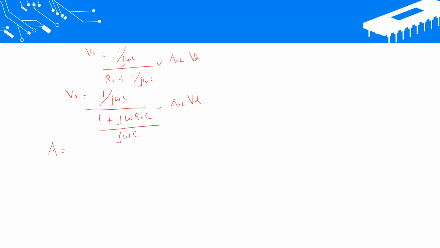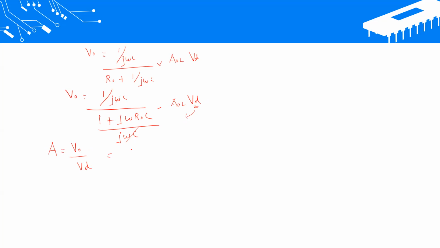A. A means gain. Gain means output voltage to input voltage, so V naught divided by this VD will come downwards. So here j omega C will get cancelled.